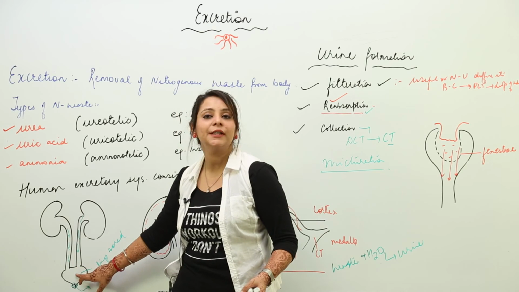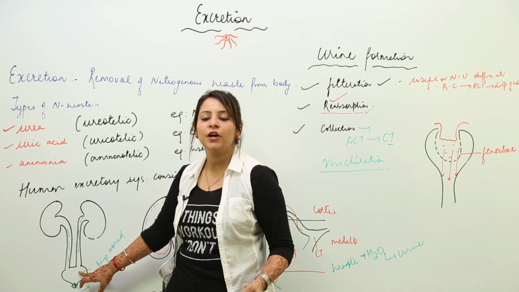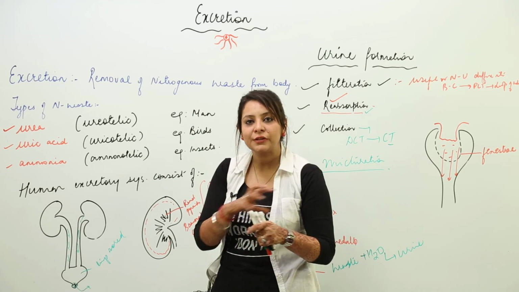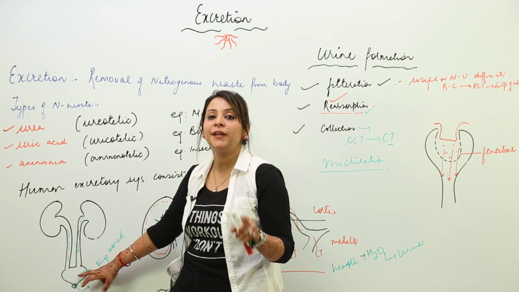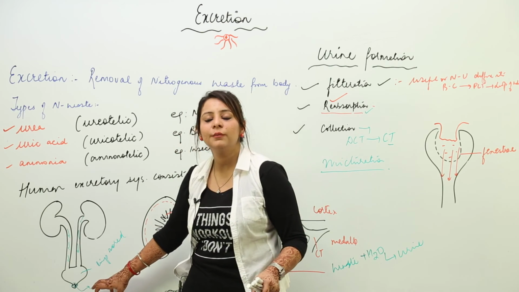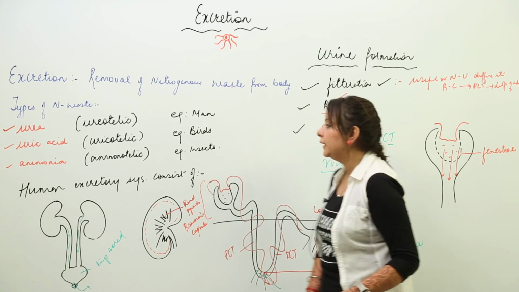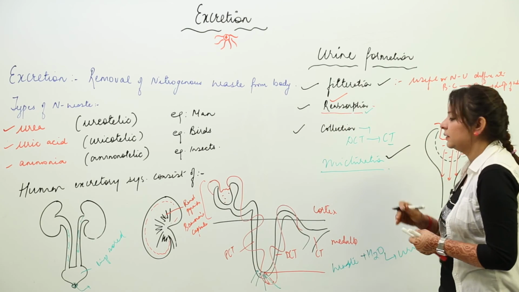Through the ureter it reaches the urinary bladder where it is temporarily stored, and then by voluntary or involuntary action, because once the urinary bladder gets filled you need to excrete that urine, since the bladder muscle cannot remain contracted for a long period. It is excreted by the urethra, and the passing of urine is termed micturition.